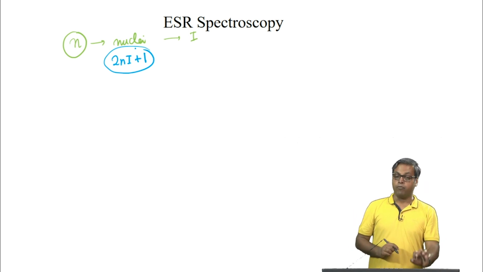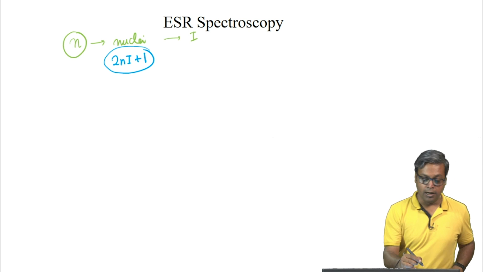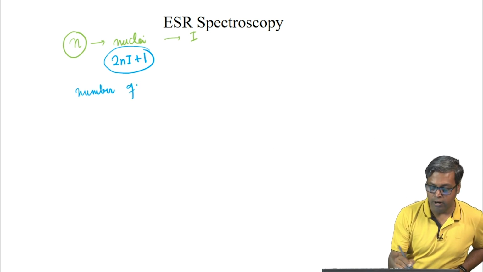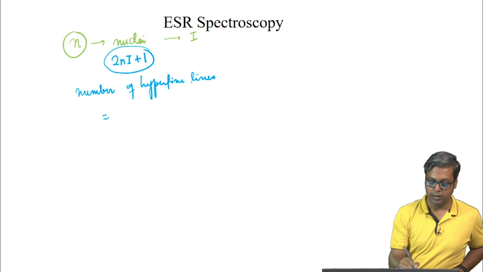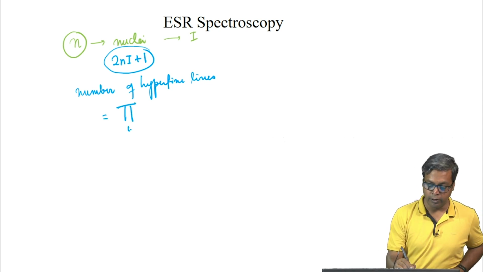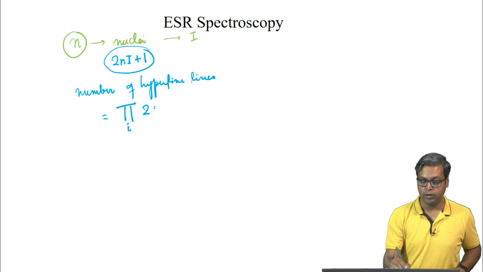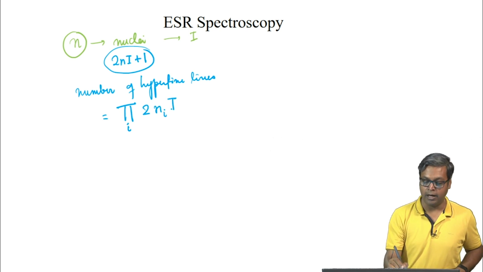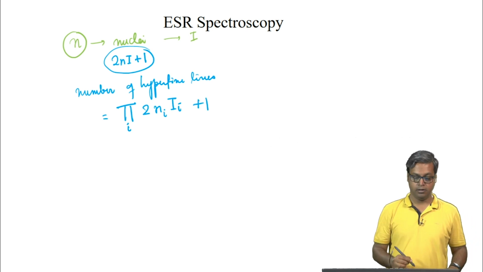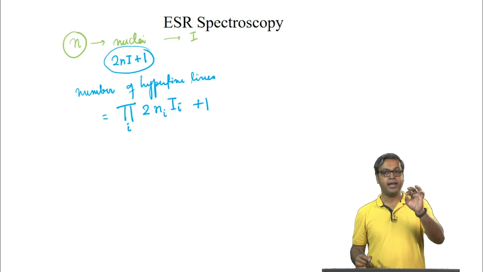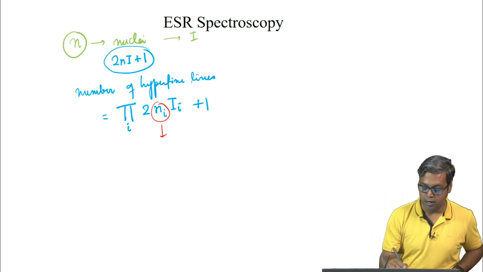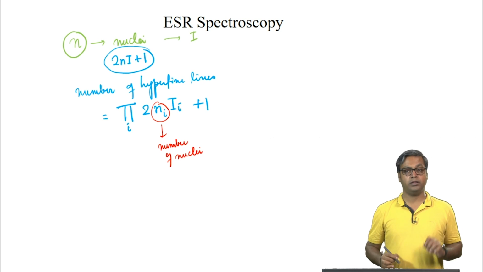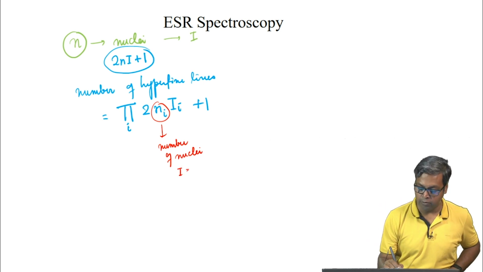In such a scenario, where we have different nuclei with different I values, the number of hyperfine lines is given by this pi symbol, which means you have to multiply all the (2 n_I I plus 1) terms, where n_I is the number of nuclei with nuclear spin I.